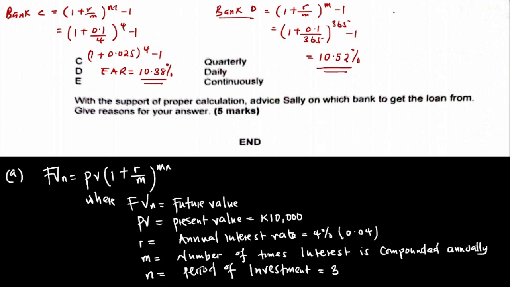Okay, then for the last bank, which is compounded continuously, bank E. Here it is exponential rate minus 1.